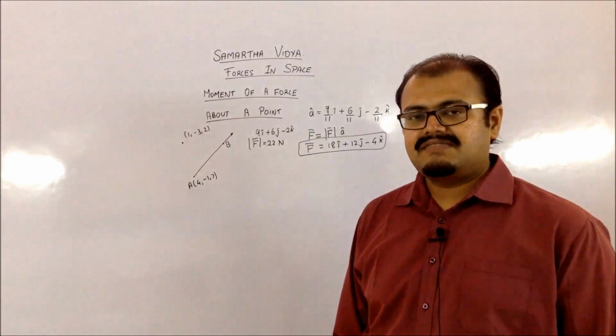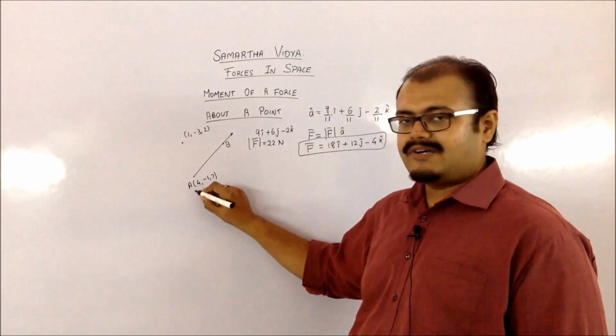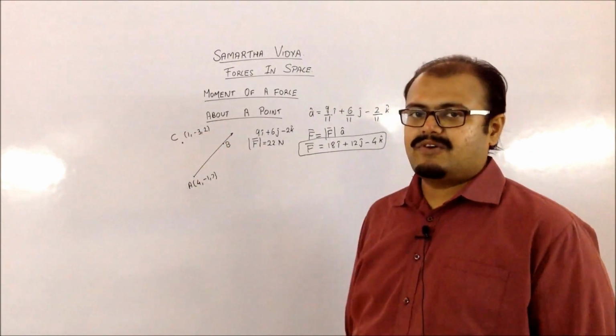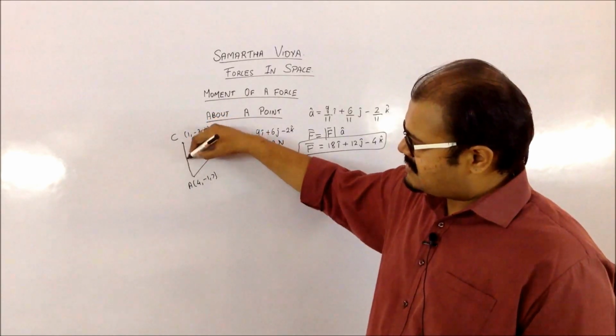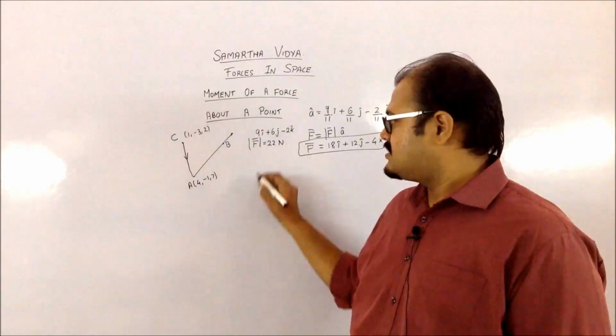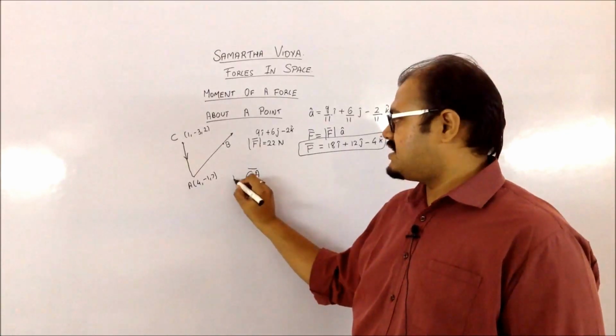So the next step is we need to find our R bar. In this case, I know the point A and I know this other point. Let us say this is my point C. I need to join these points and find the vector along CA. So my CA bar is going to be my R bar basically.